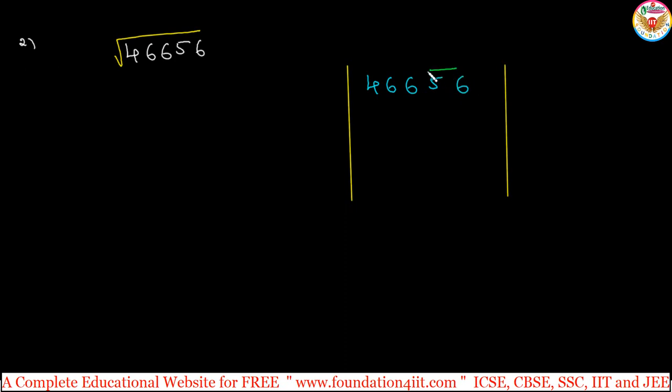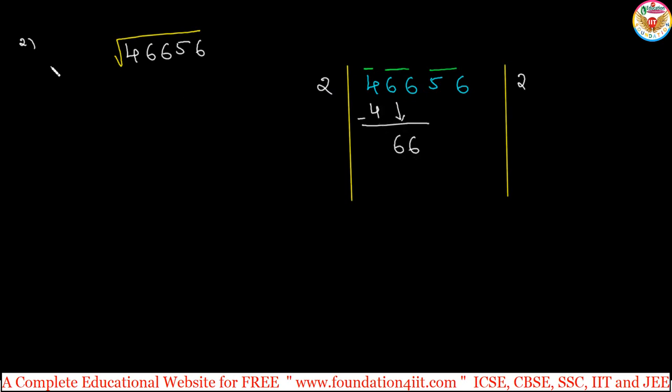That means units and tens is one set. Next, this is a pair. 4 is alone, for a single digit, keep it as one. So 4 is one set, 66 is one pair, and 56 is one set. The first set is 4, right? 4 is near to which perfect square? Exactly 2 into 2. 2 twos are 4. Subtract this.